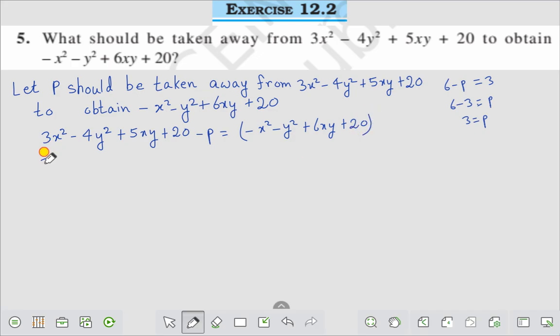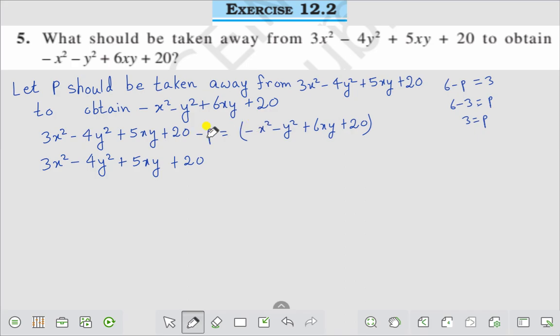Therefore, 3x square minus 4y square plus 5xy plus 20.